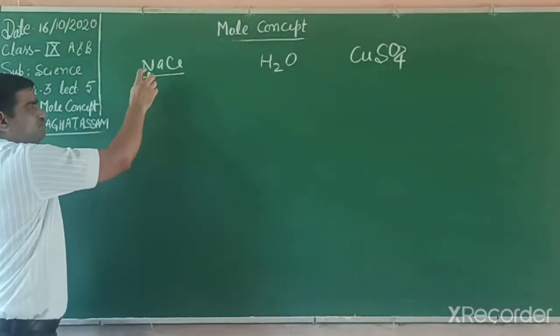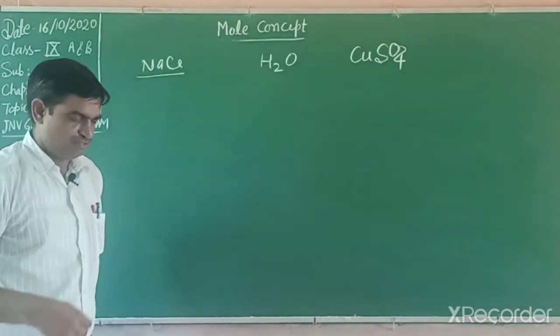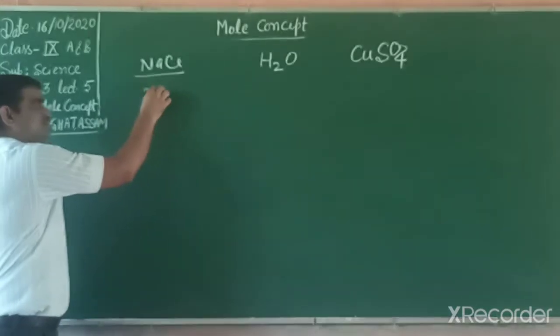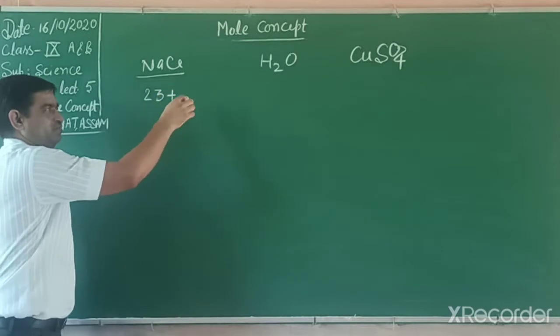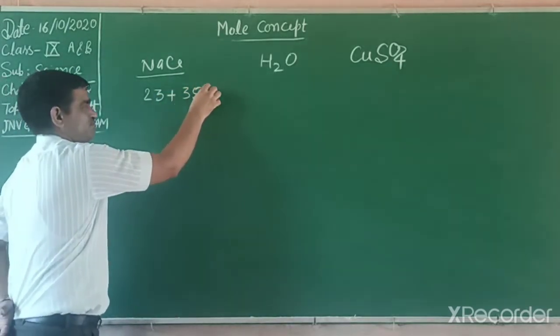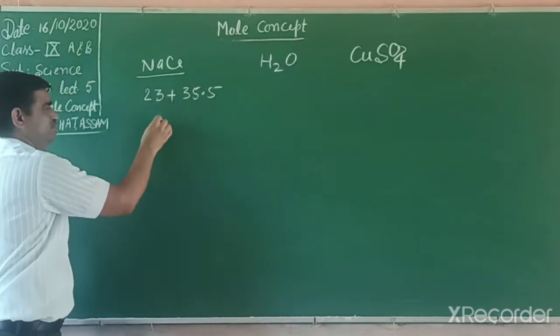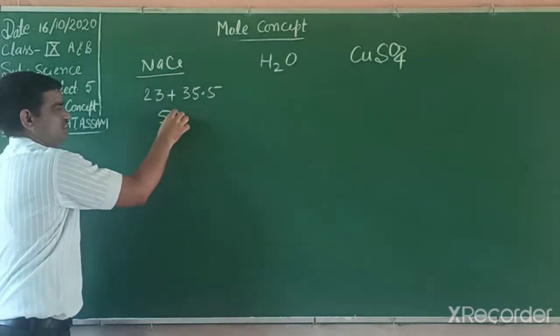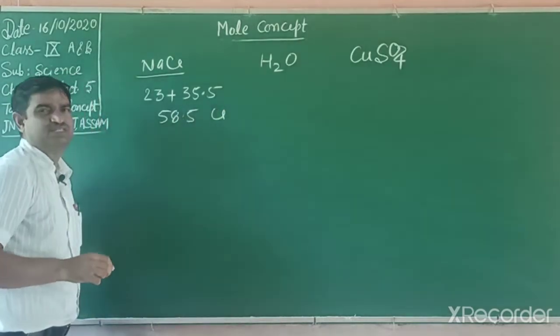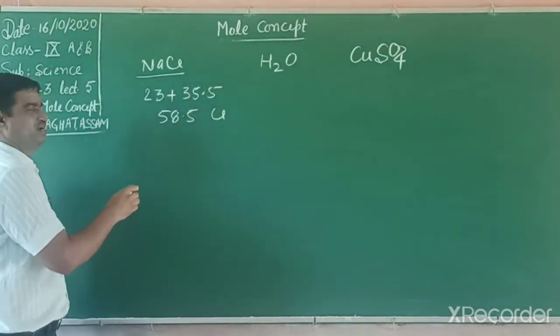These are compounds. Sodium chloride, what is the mass of sodium? We know 23 U, and chlorine, given in your NCERT book, 35.5. Then we combine, 58.5. If we write U, that is one molecule of sodium chloride mass.